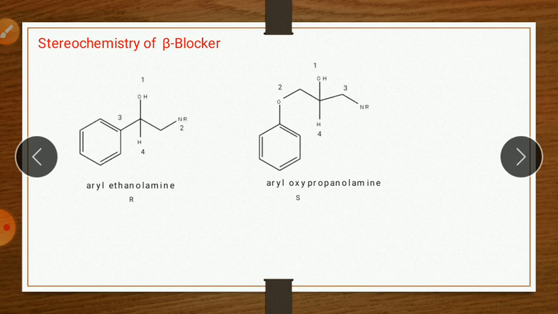Then, stereochemistry of beta blocker. As we saw in second year semester 4, that is ethanolamine. So it is an aryl ethanolamine which is an agonist like adrenaline, noradrenaline. It is an aryl ethanolamine and an agonist which binds to alpha and beta receptors.